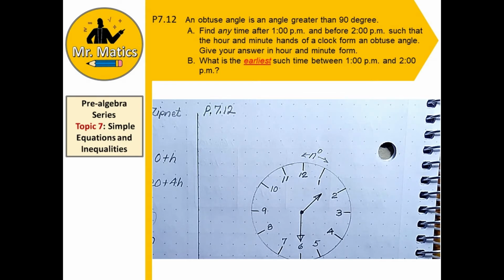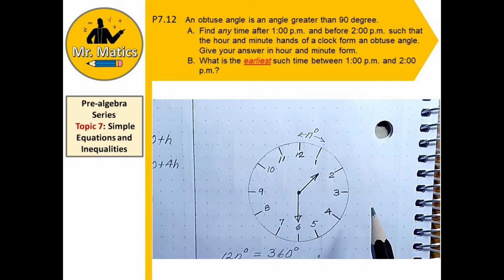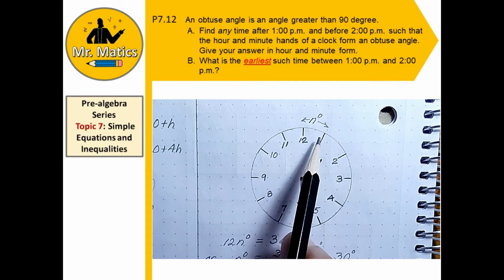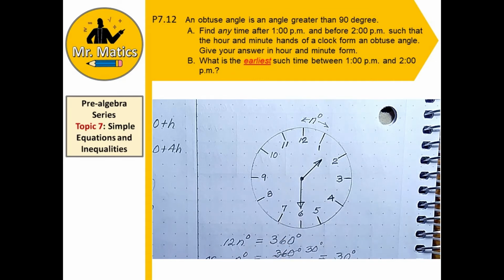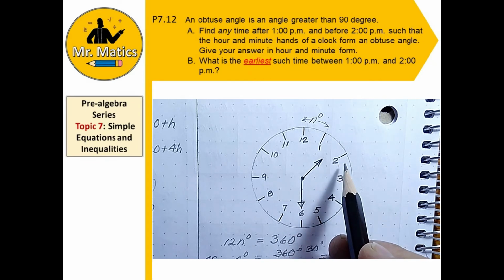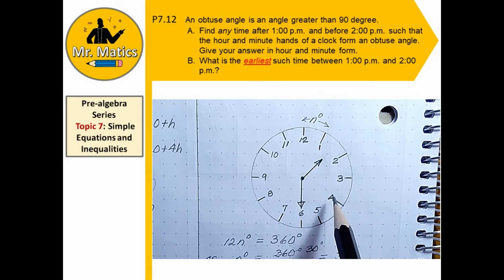You get 30 degrees. So the spacing between one hour mark and the next hour mark is 30 degrees. We know that the hour hand will not cross 2. So counting starting from 2, this is 30 degrees, 60 degrees, 90 degrees, and 120 degrees.